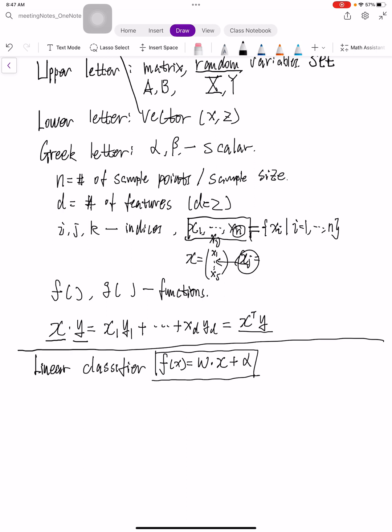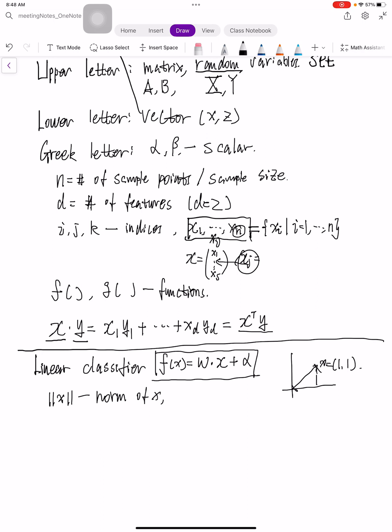And what's the notation of this? The norm. So this is called the norm. Usually it means the length of the vector x. Think about if you have a vector x, suppose this x is just (1, 1). What's the length of this vector?